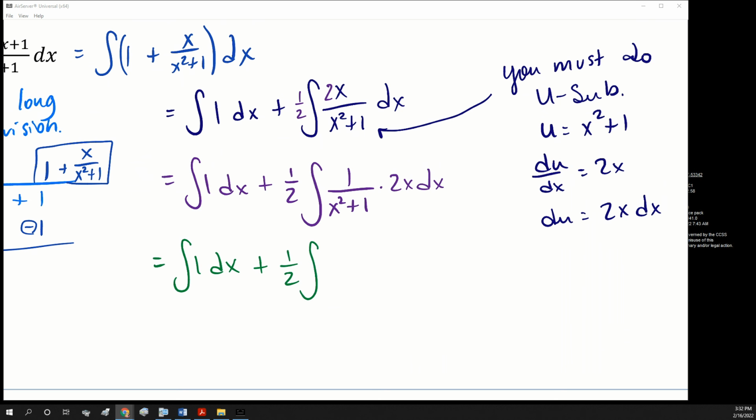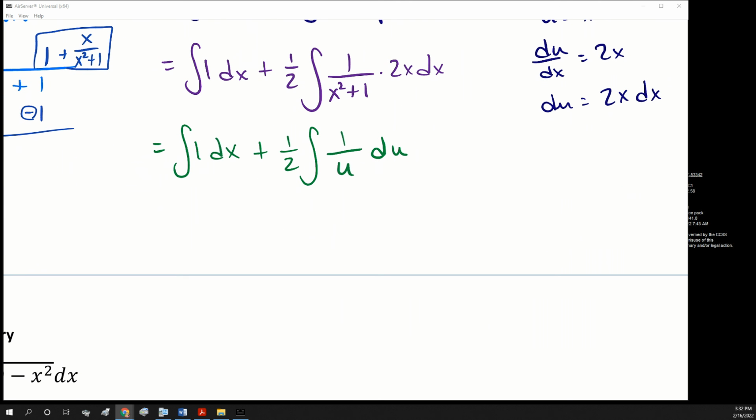Okay, so I'm going to do my U substitution part where in the place of x squared plus 1, I'm just going to call that U. And in the place of 2x dx, I'm just going to call that du. All right, I'm ready to do my integral.